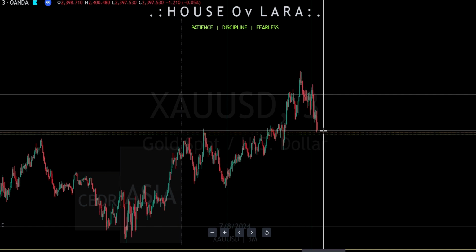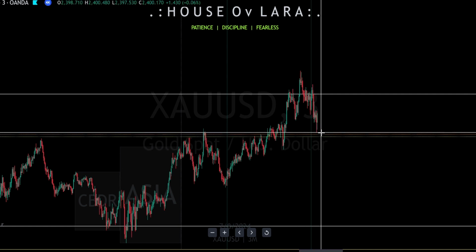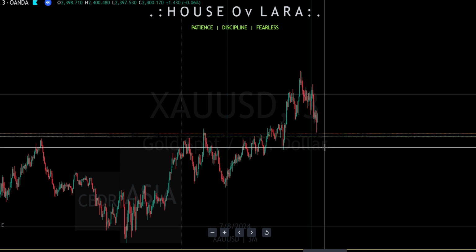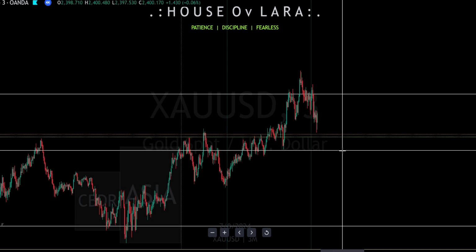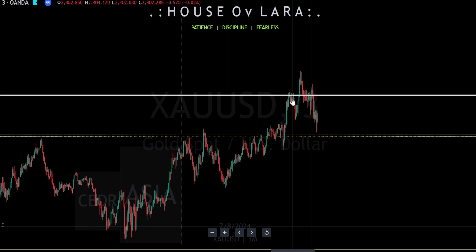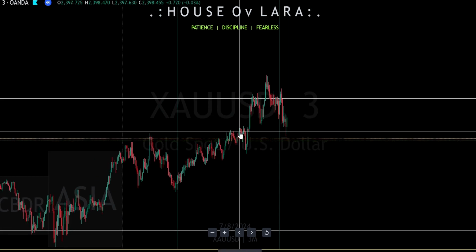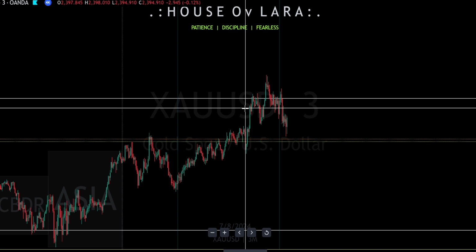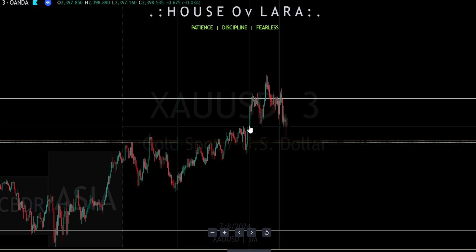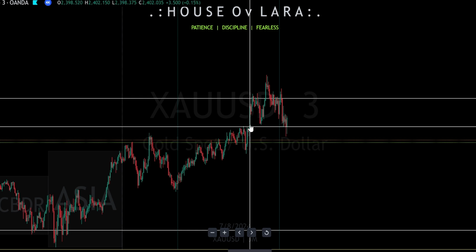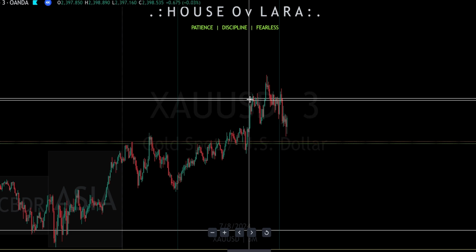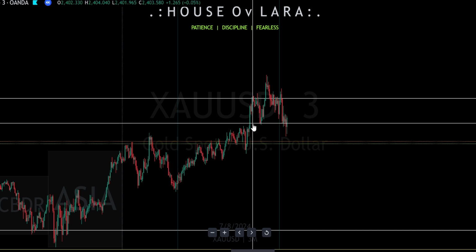But this was my ultimate TP. How? Because, like I said, when a big move like this happens during a New York session, the price before the push, that's where whoever entered is at. They're going to get out of that level.